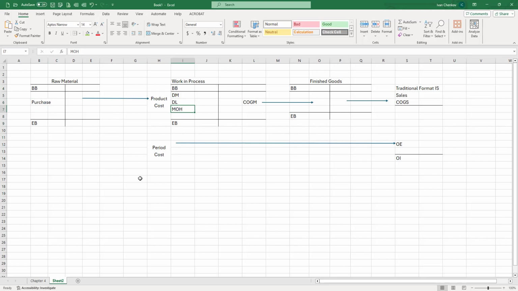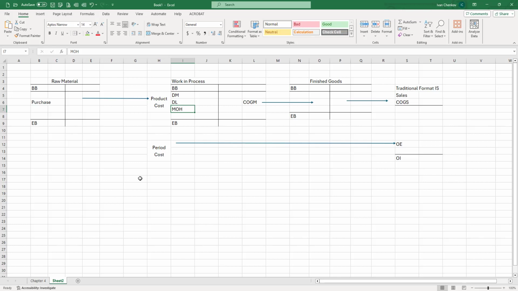Why was the manufacturing overhead our problem? Because the manufacturing overhead comes at different periods of the company operation cycle. Sometimes it comes in the middle of the year, sometimes at the end of the year. The most accurate number for the manufacturing overhead will be available at the end of the year.